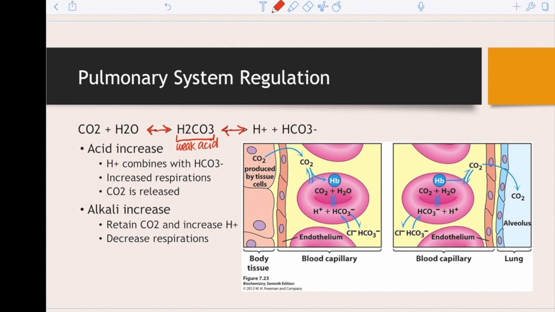Your weak acid can either dissociate into a proton and bicarbonate, or it can dissociate into CO2 and H2O, CO2 being an acid that we're going to breathe out. Okay.